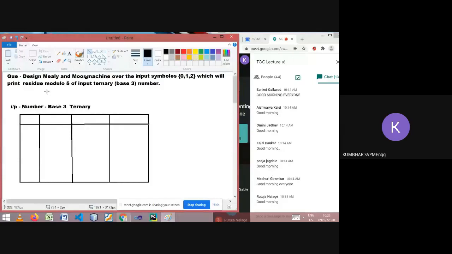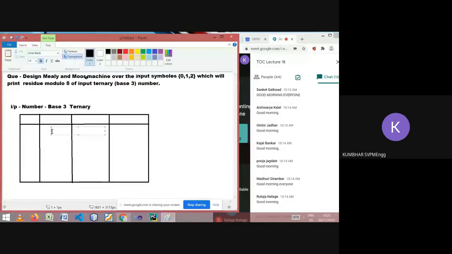So if I list them, suppose for the first few numbers 0, 1, 2, 3, 4, 5, 6, 7. Let's say for these 7 numbers we try. Let these be decimal numbers. So how can we represent them as ternary numbers? This first column is the decimal number and second column we expect.